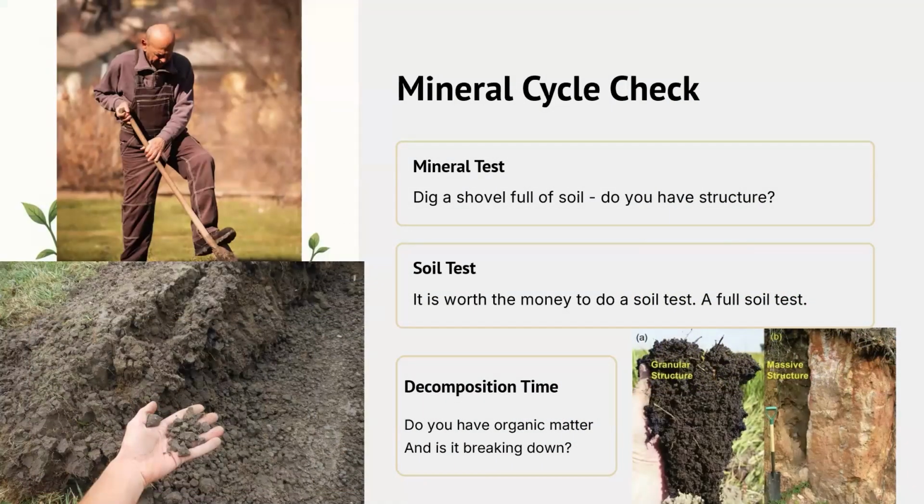So next, after water, looking at the mineral and the soil structure and texture, but also mineral testing, what we typically think of as our soil tests. Something you can do without anything fancy or without spending money is get out there and get your hands dirty and dig a shovelful of soil, turn it over, and just observe, see what you can see.